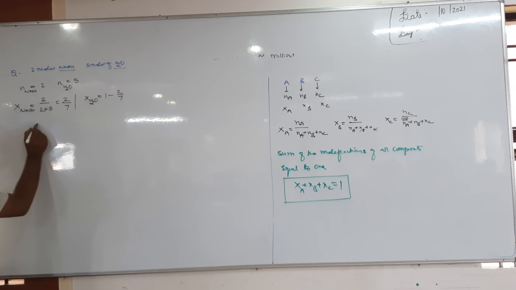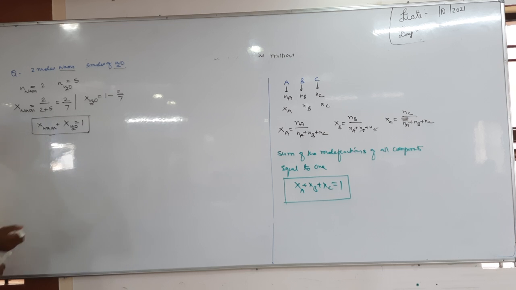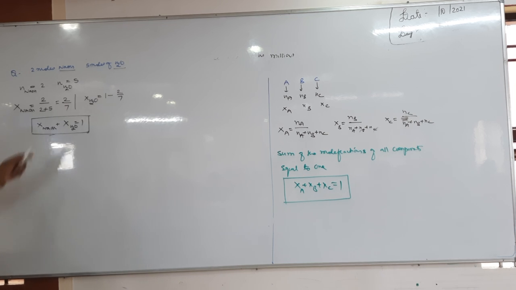That means the mole fraction of sodium hydroxide plus mole fraction of water equal to 1. Therefore, you can take X water equal to 1 minus 2/7. So here number of moles are given directly. If the number of moles is given directly, it is easy to calculate. Instead of number of moles, sometimes they will give the mass.